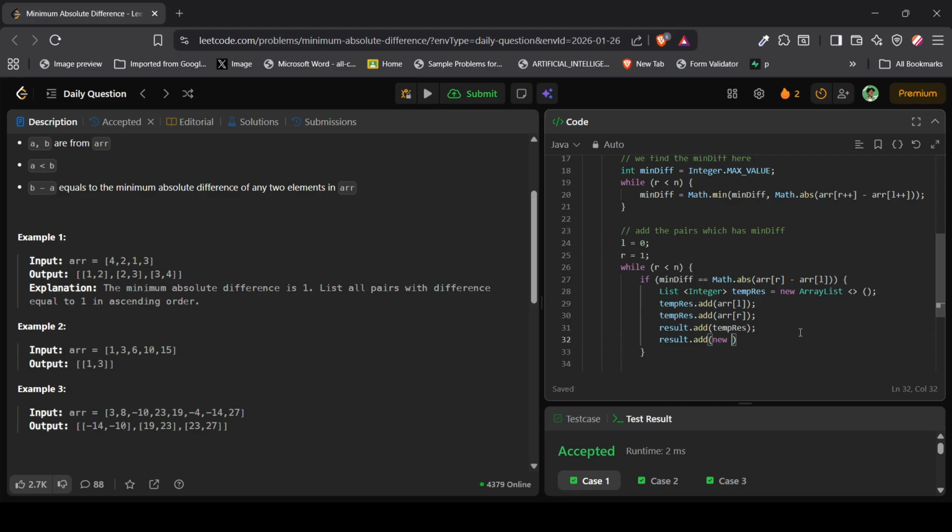I don't know, there was something that I forgot, Arrays dot asList, something like that. There was this syntax that I forgot. We can do something like that.